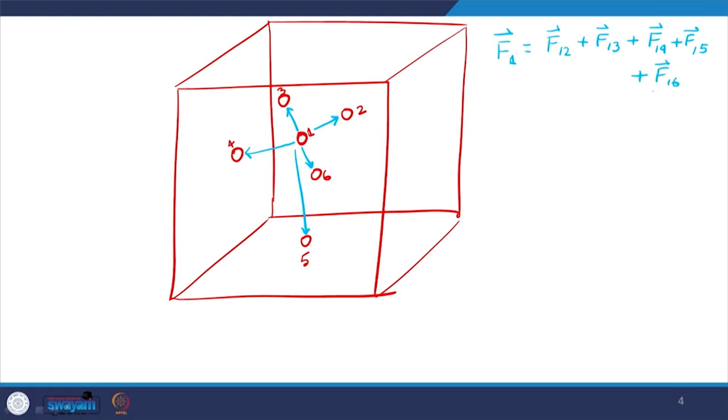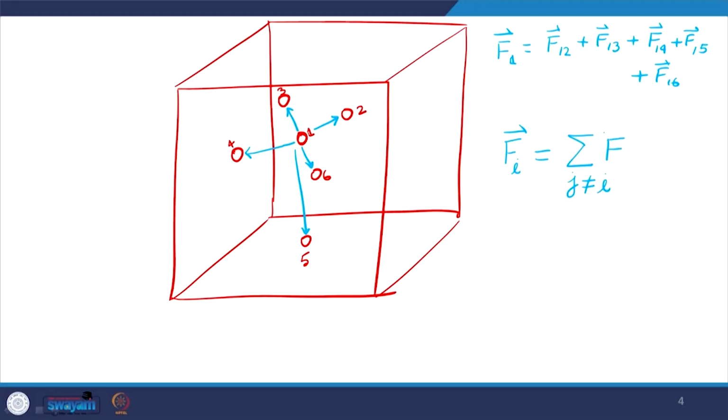In general, we can therefore say the force acting on any particle i in the system is the sum over all the particles in the system, let us label them j, except that particle itself. One does not apply force on itself. So, if I sum over all the other particles apart from particle i and find the forces between them, we have found the total force acting on this particular particle.